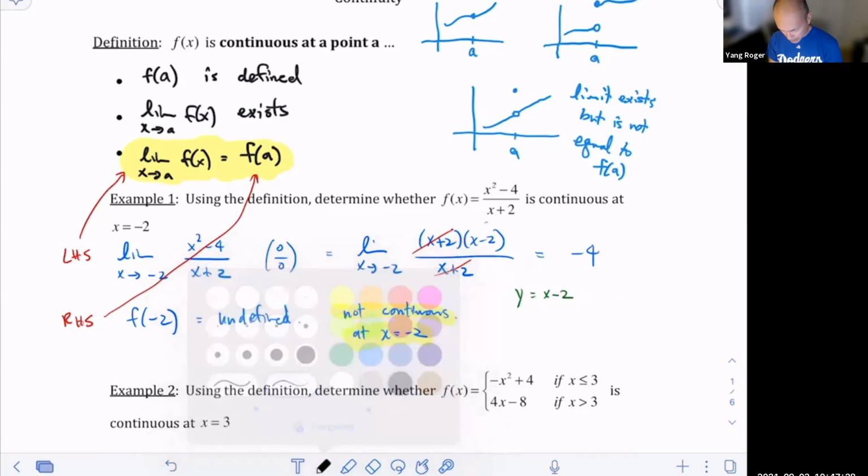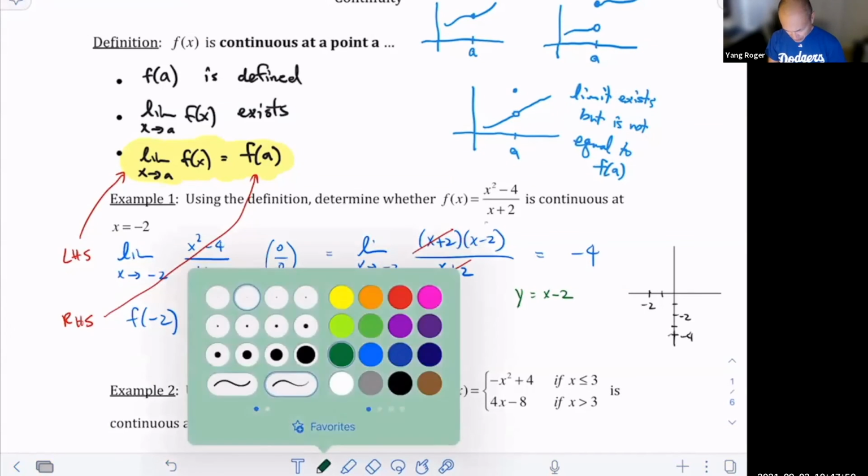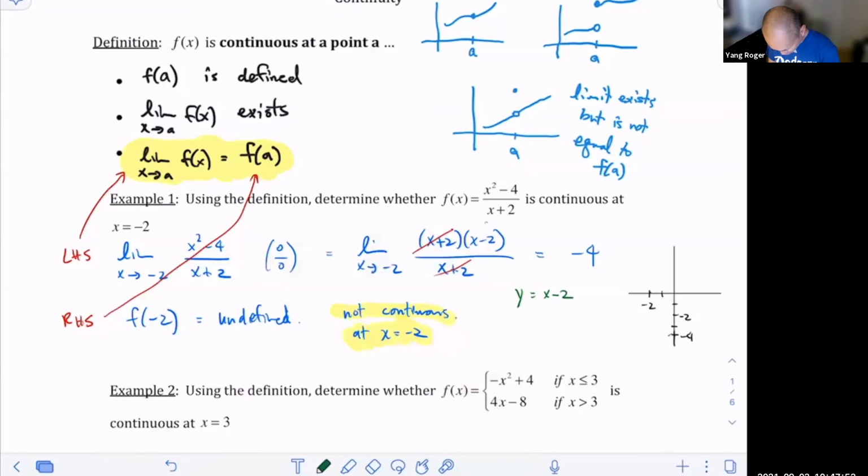I can draw a little set of axes over here. And here's -1, here's -2, and -1, -2, -3, -4, like this. When I go to graph this line, I'll do it in green. I'm going to put an open circle at -2 because we know that the limit doesn't exist at -2.